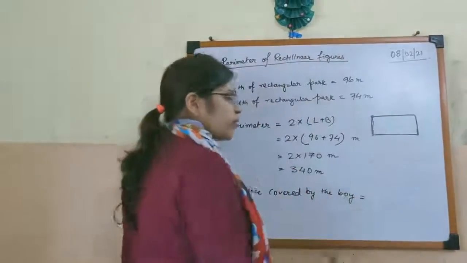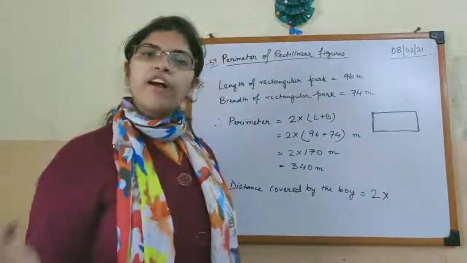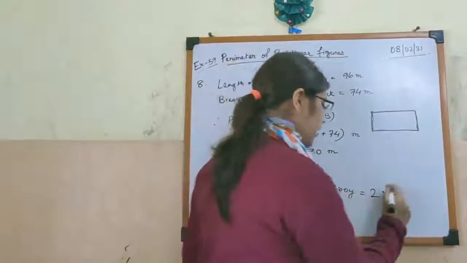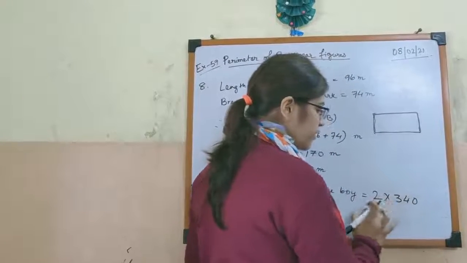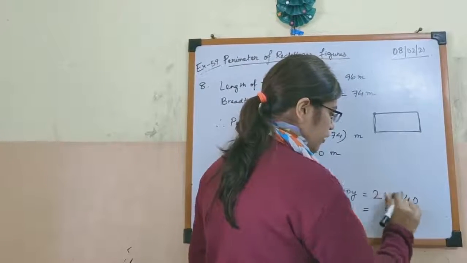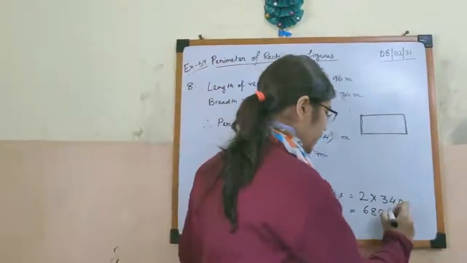So the distance is equal to how much? 2 times he is running through the overall perimeter. So 2 multiplied with 340. If you multiply 2 into 4, 8, 2 into 3, 6. So that gives us 680 meter.